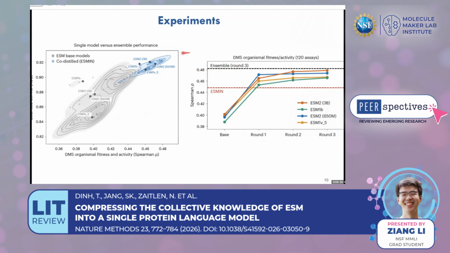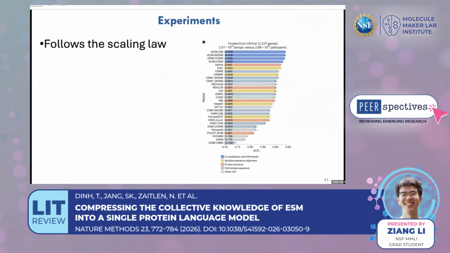And also their model, which is the blue dots here, can perform pretty well on DMS data, which is the protein gene data, and the ClinVar data set. But the question is how do they compare to the existing methods?